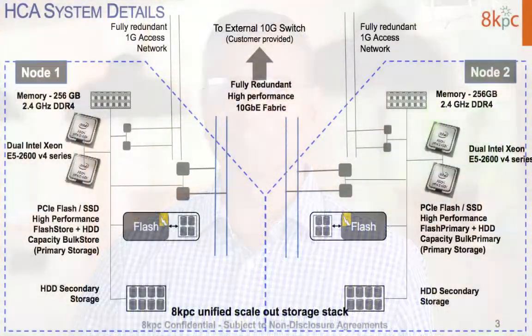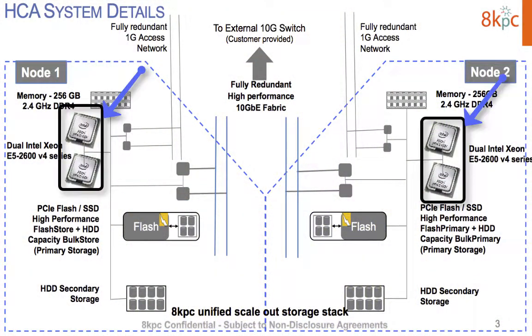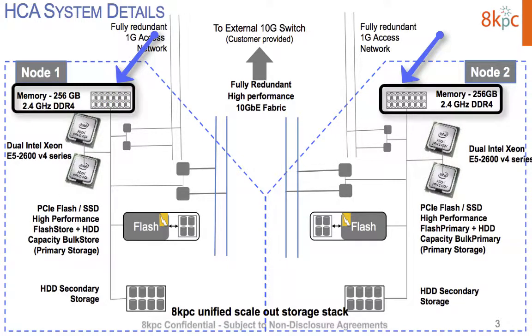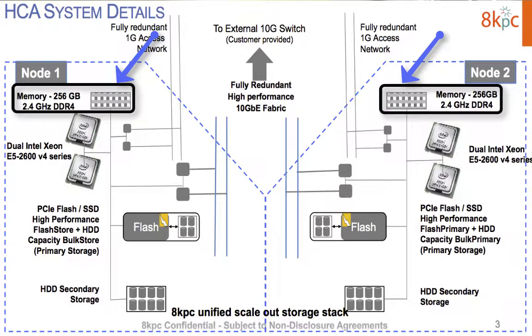Okay, so now we're going to take a look at the 8kpc appliance hardware configuration first. Each appliance has a dual CPU from Intel Xeon 2600 series, and it has memory configurations starting from 128 GB all the way to 512 GB per node.